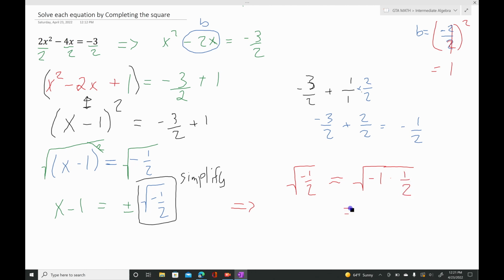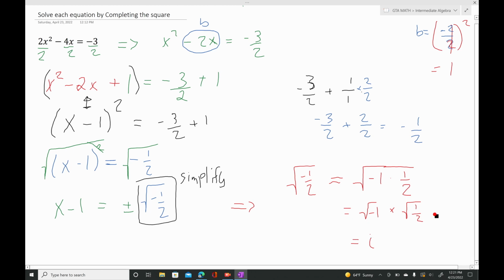And we can split this up even more and just say, okay, well, -1 times the square root of 1/2. And this turns into i, because the square root of -1 is i. It's just one of the rules that you have to follow in math.